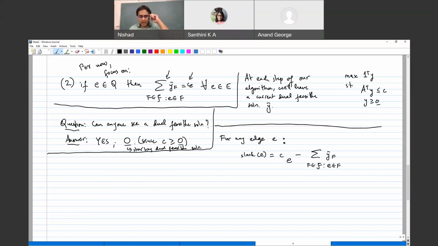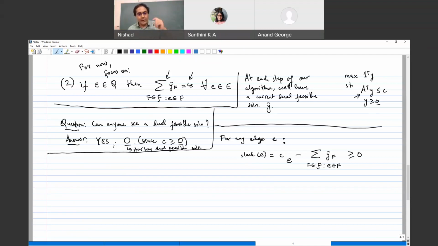And we know that this has to be greater than or equal to 0. That was our inequality from the dual, exactly what you see here.